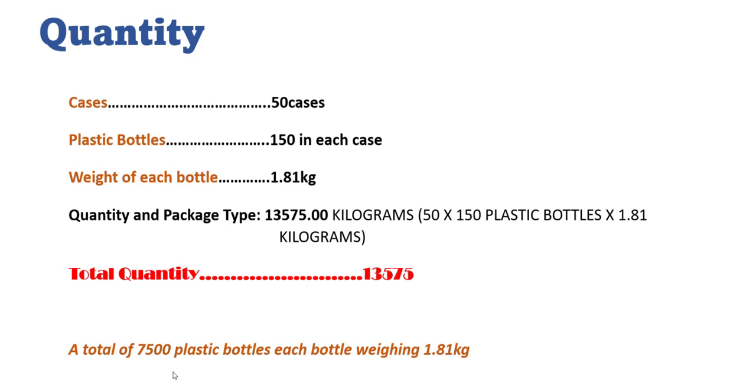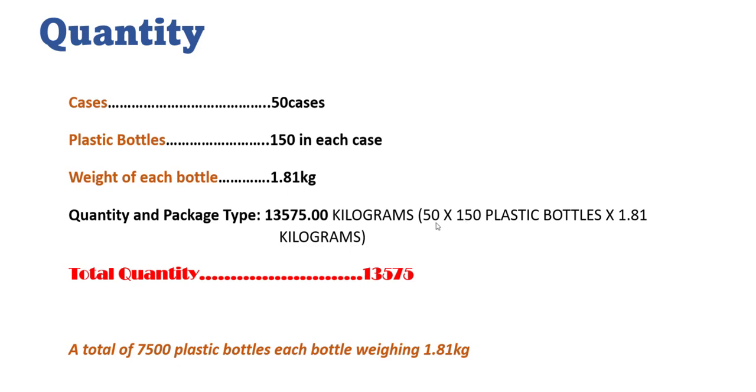And if each one of those bottles weighs 1.81 kilogram, then the total quantity of what we are seeking this permit for would be the number of bottles times the amount in each bottle.